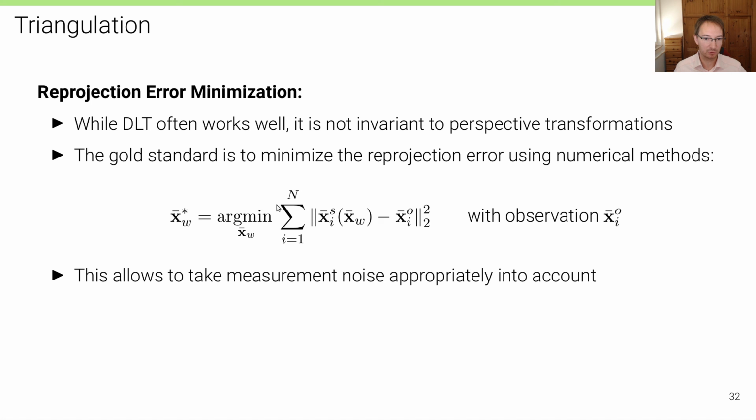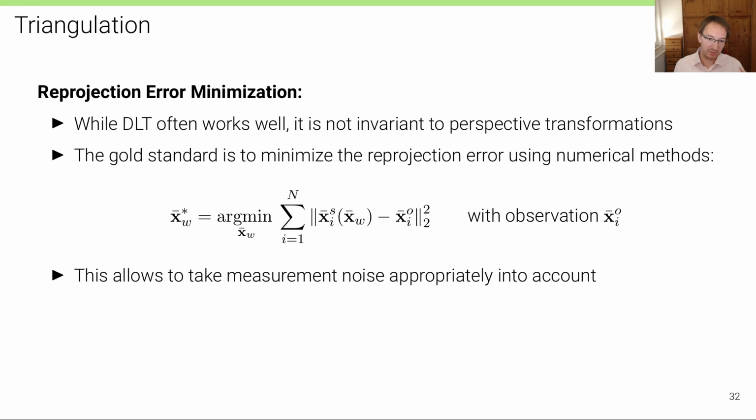And we're doing this over all the observations of all the cameras for that particular point, and we're optimizing over that 3D point. You can see that the point is not having an i index because it exists only once, but we have n different observations, so the projection and the observation depend on i because we have different projection matrices and different observations in the different images.